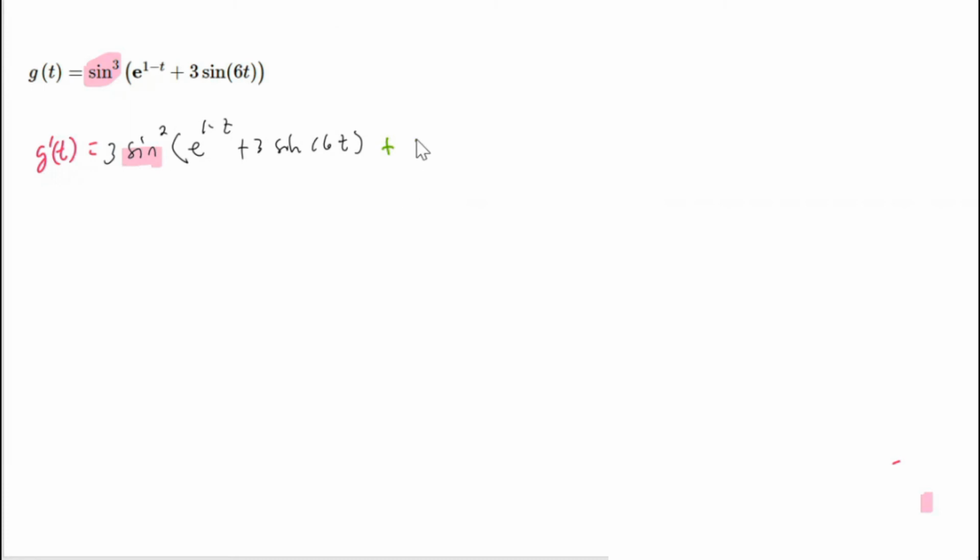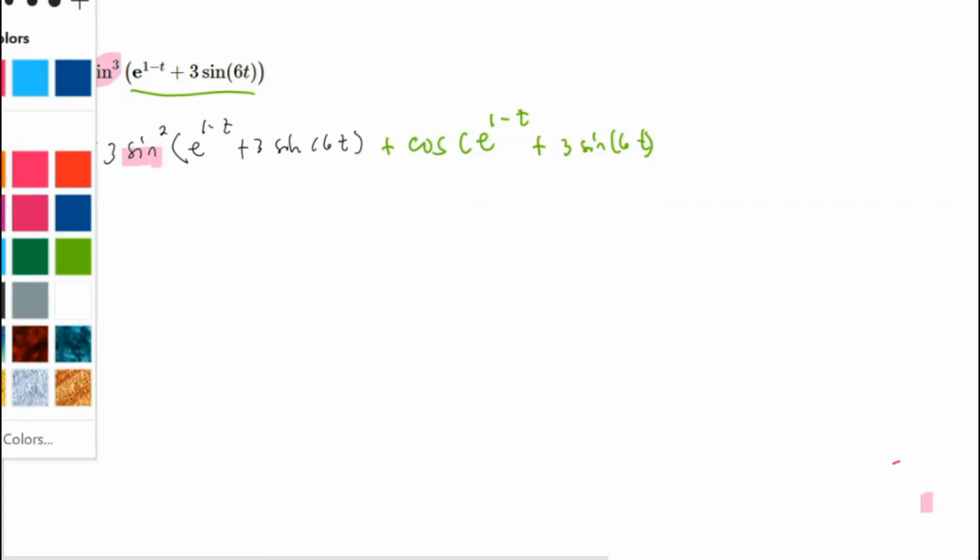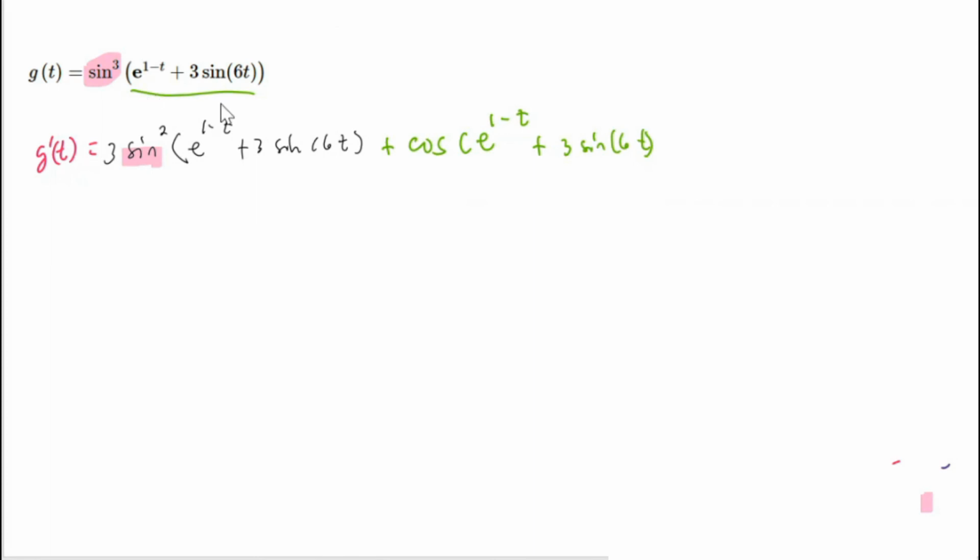So I can write now here cosine and copy the measurement of the angle: cosine of e raised to 1 minus t plus 3 sine of 6t, which is the measurement of the angle of the sine.